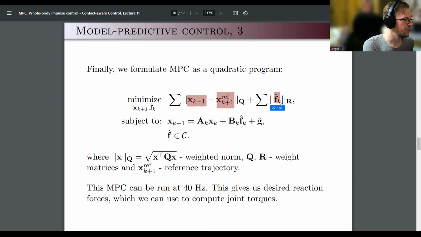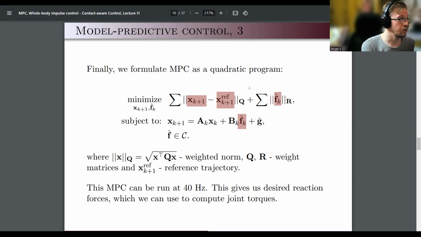Here, the authors of this paper propose to minimize f of k instead of a reference, because probably they didn't have a reference. They thought that finding a reference for this would be difficult. So they propose to just minimize the reaction forces. Fair enough. No judgment on that.